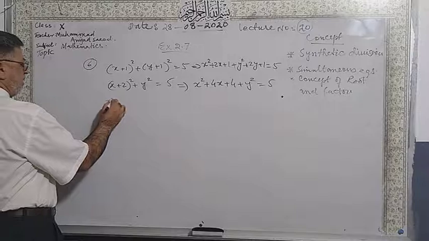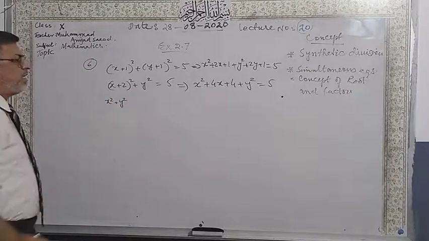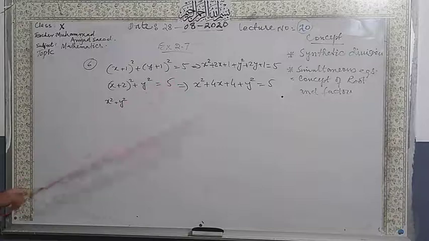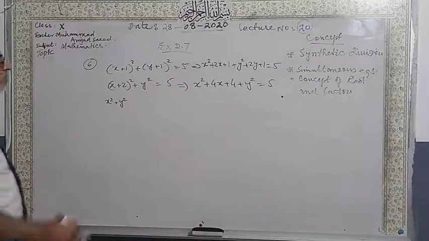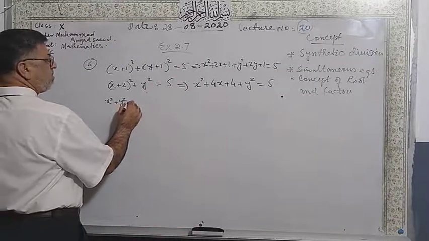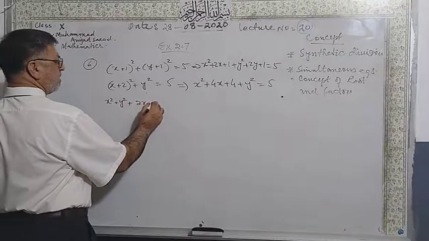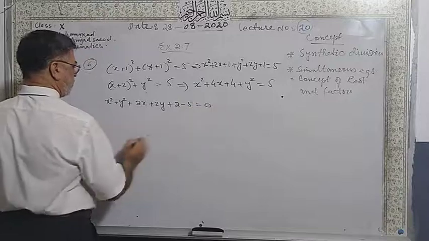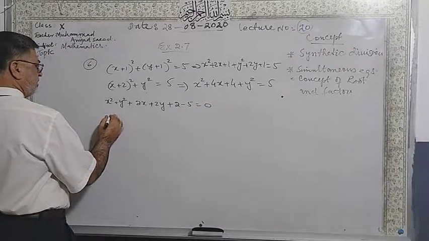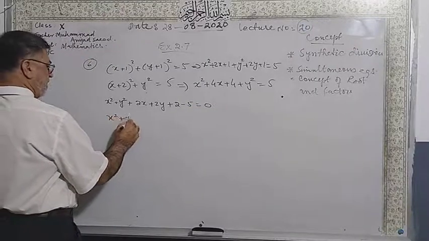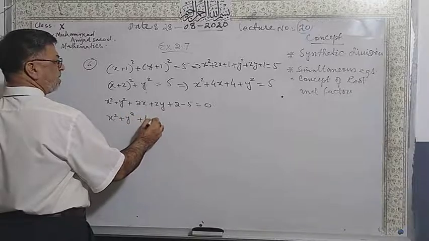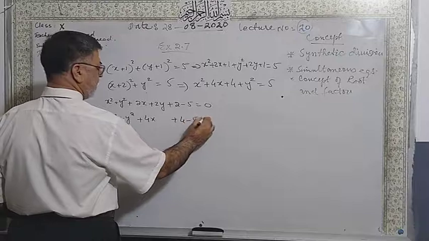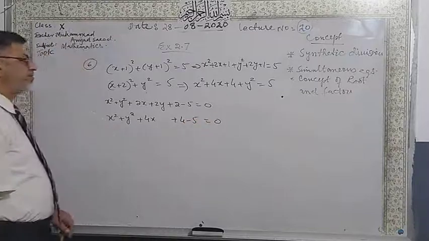Now we can write down these equations in proper order, above and below, and subtract. x square plus y square plus 2x plus 2y plus 2 minus 5 is equal to 0. x square plus y square plus 4x plus 4 minus 5 is equal to 0.